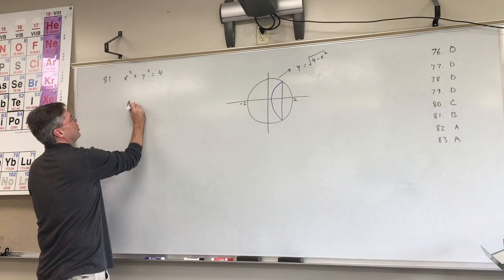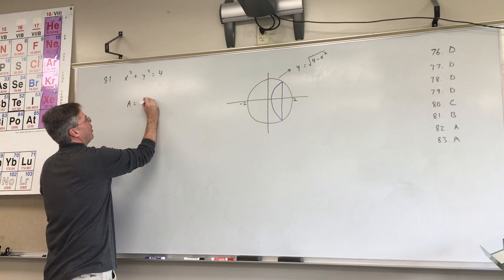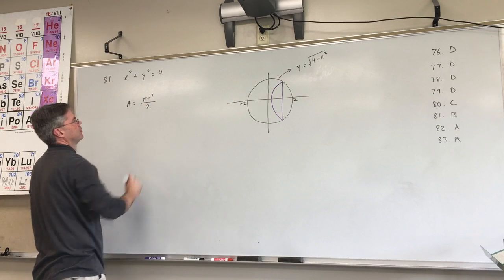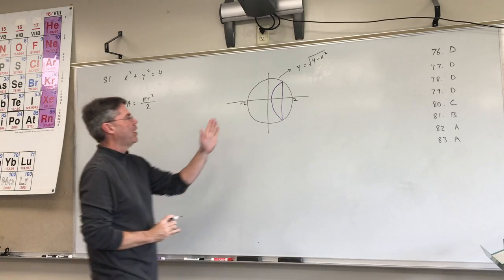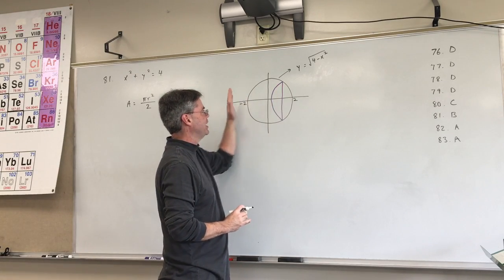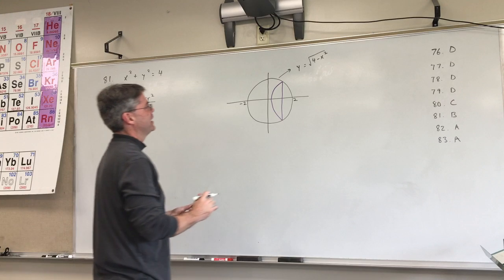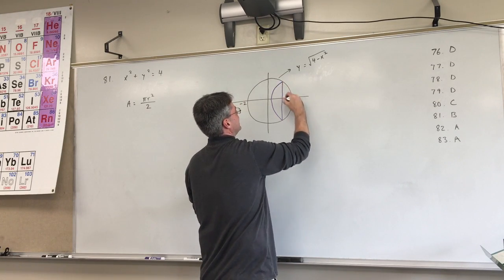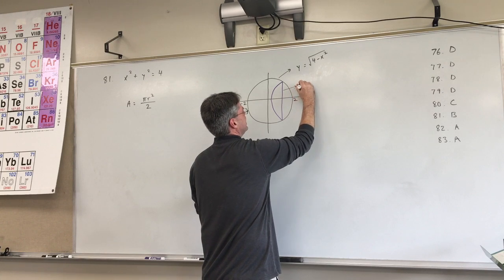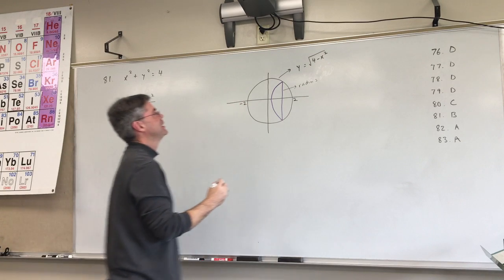Well, the area of a circle is pi r squared, so the area of a semicircle would be pi r squared over 2. So what we're going to be doing is adding up a bunch of semicircles from -2 to 2. And we know that our radius is the square root of 4 minus x squared.